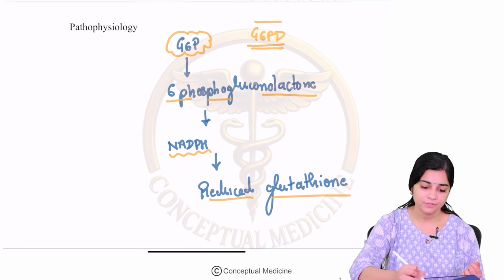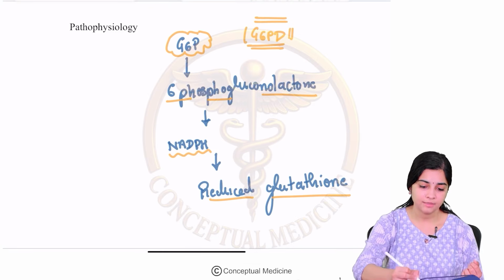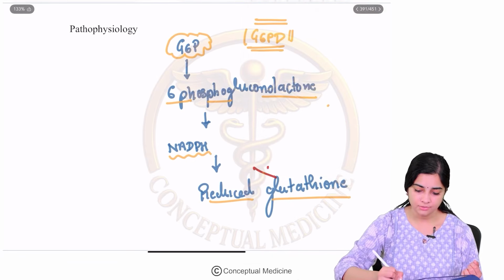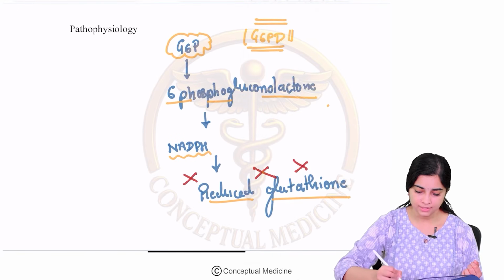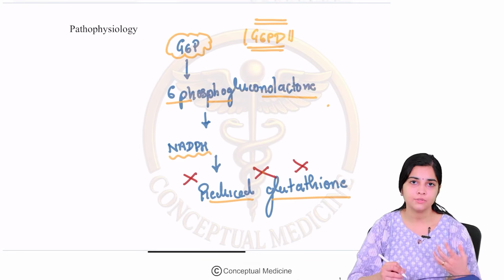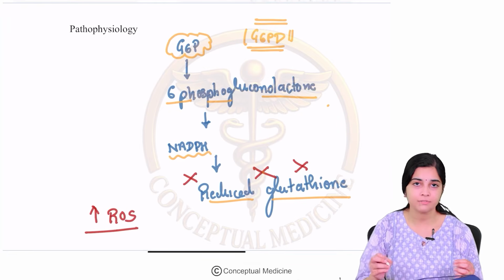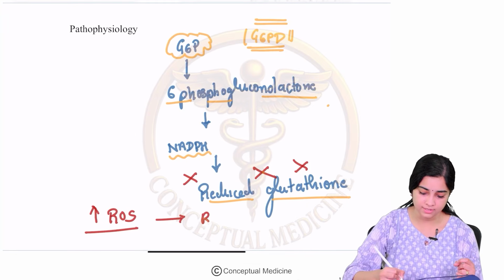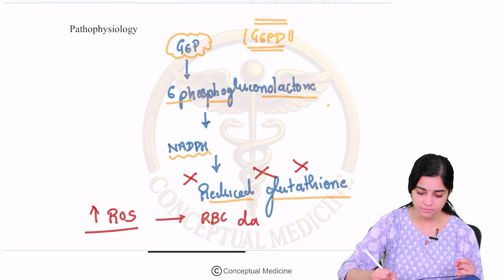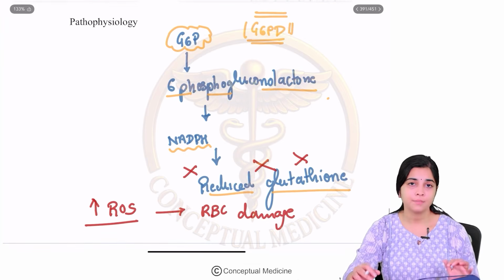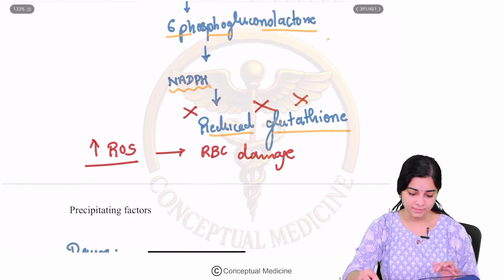So if there is a deficiency in this particular enzyme, then what will be lost? You will not have reduced glutathione, which is cytoprotective in nature. So if this reduced glutathione is absent, then there is going to be an increase in the reactive oxygen species, which basically causes RBC damage and hemolysis. Alright, clear? So this is about the pathophysiology of G6PD deficiency.